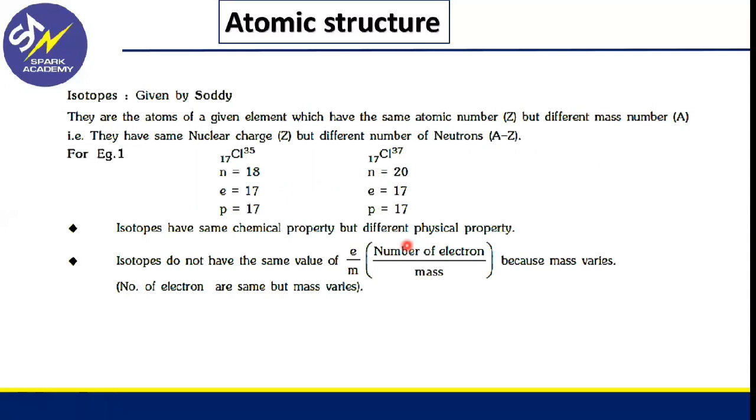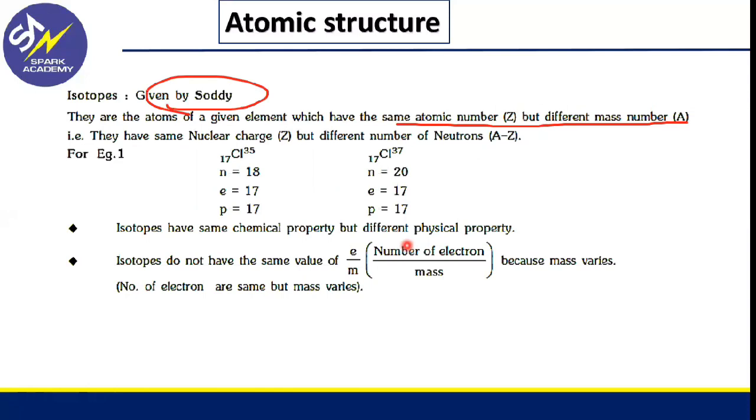Now, isotopes. What are isotopes? The name was given by Soddy. Whenever there is the same atomic number and a different mass number for an element, it is called an isotope. What does it mean? Atomic number is the same means the protons are the same.